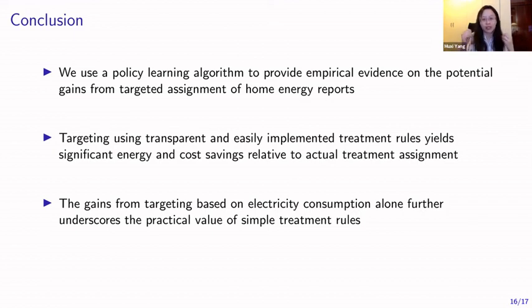So we can really reduce peak demand and reduce those very highly polluting power plants operating in peak demand hours. So I think this method actually has a lot of potential if we're fortunate to have more detailed high frequency data on demand.